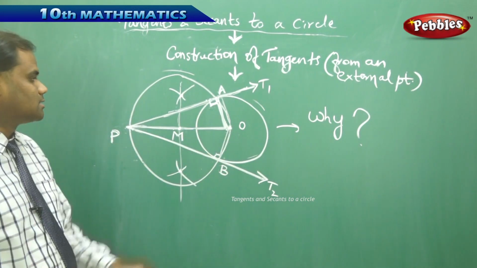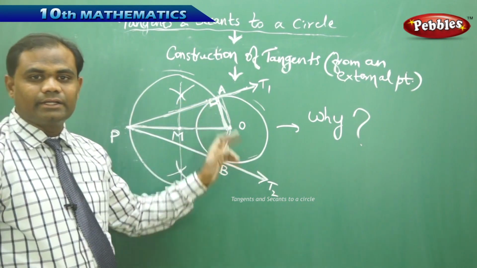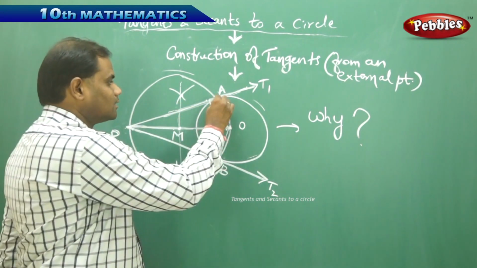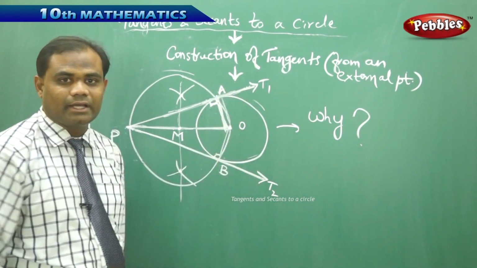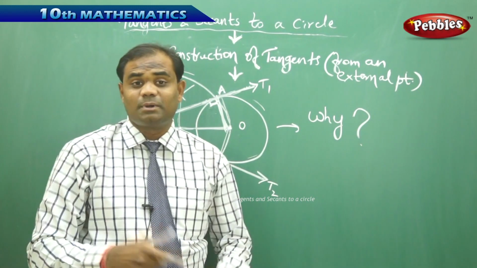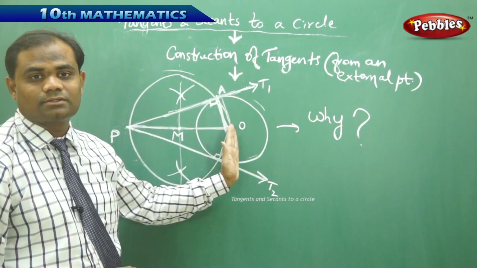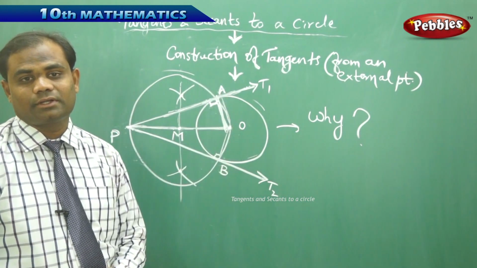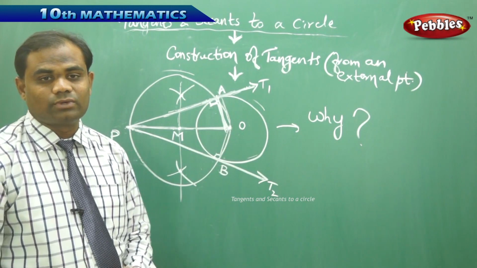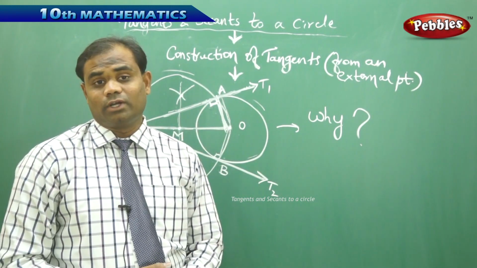So mathematically, since the angle in a semicircle is 90 degrees, that 90 degrees helps us in locating this to be the line which is perpendicular to the radius, and hence by the theorem radius perpendicular to tangent, this must be a tangent to the circle with the radius passing through the point of contact. And hence, the two tangents are PA and PB, is how we conclude.